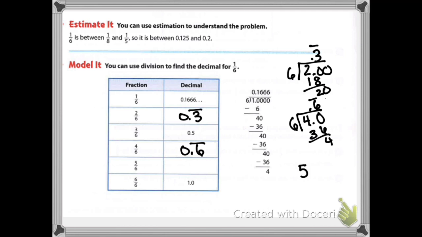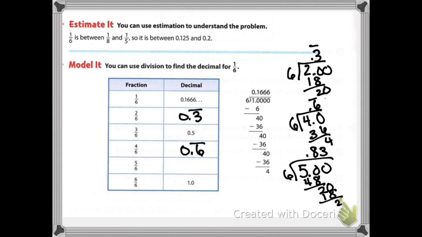Now I've got 5 divided by 6. Okay, so 6 goes into 50. That goes in there 8 times. 48, 20. 6 goes into 20 3 times. 18.